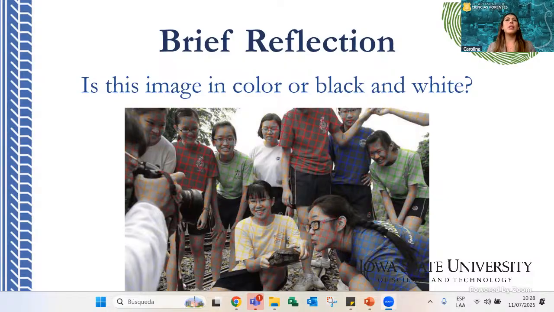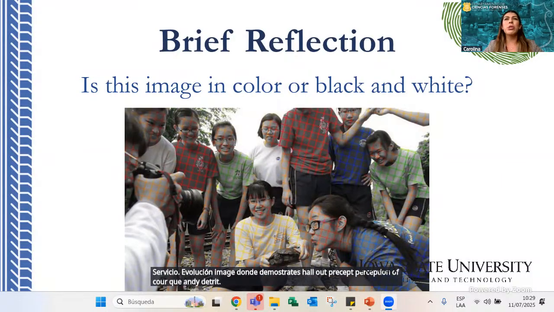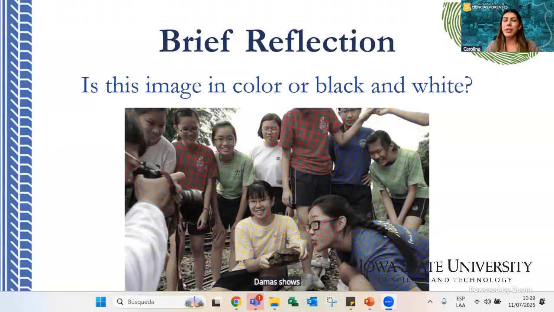Color. Okay. So this is a visual illusion image that demonstrates how our perception of color can be tricked. The image shows only one girl in the center, holding an object appearing to be in color, specifically her yellow shirt, and everyone else seems to be in black and white. But some of the shirts appear color as well.